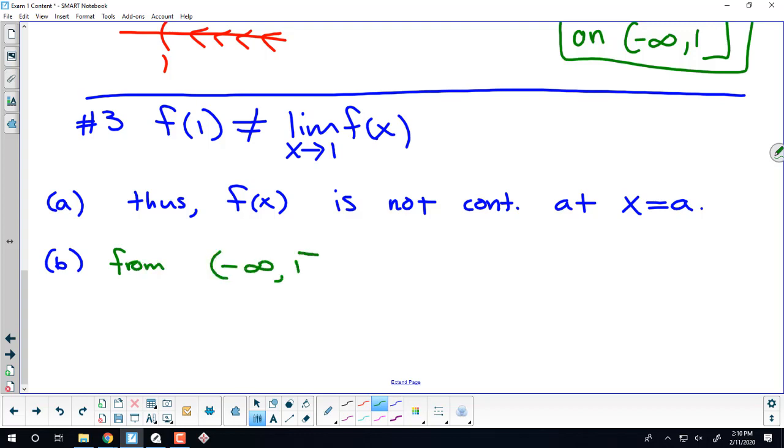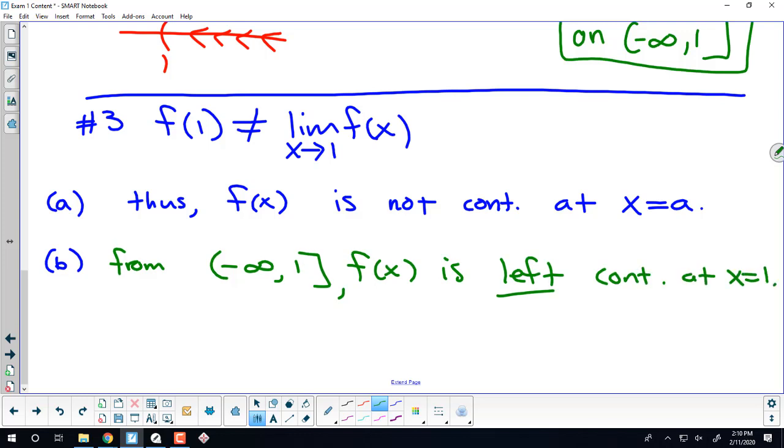So from our interval here, f of x is left continuous at x equal to 1. And in part C, we have our intervals of continuity here, from 1 to infinity, and this one here. I guess that's it.